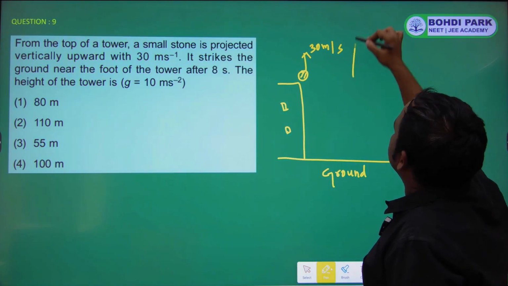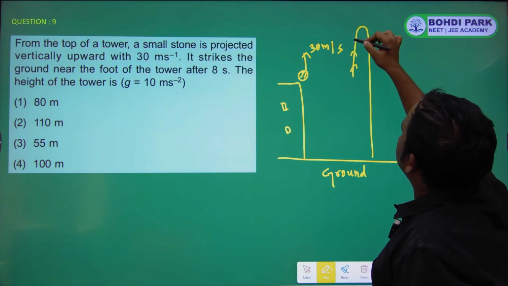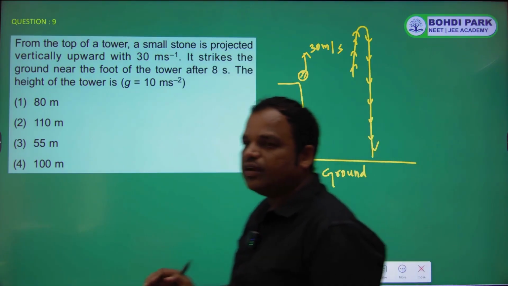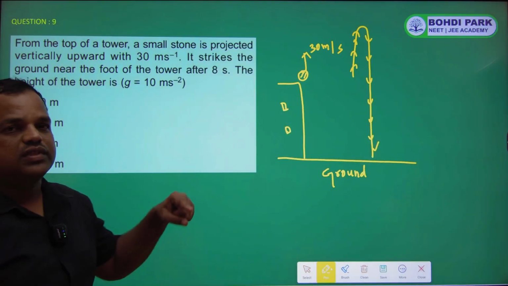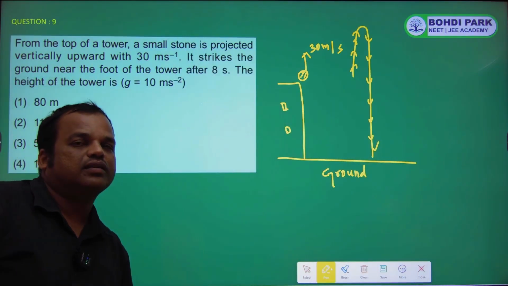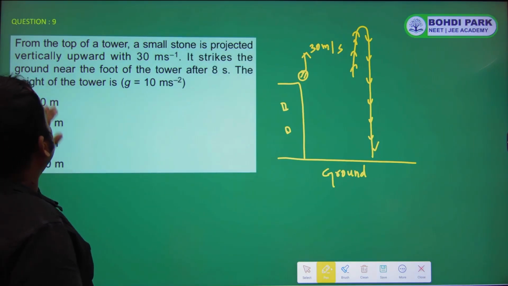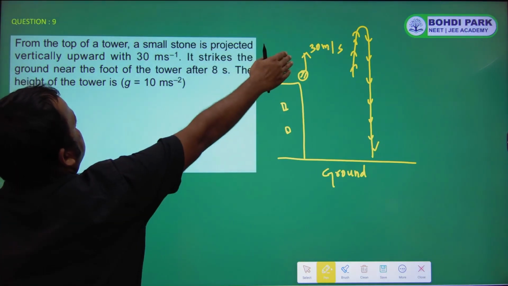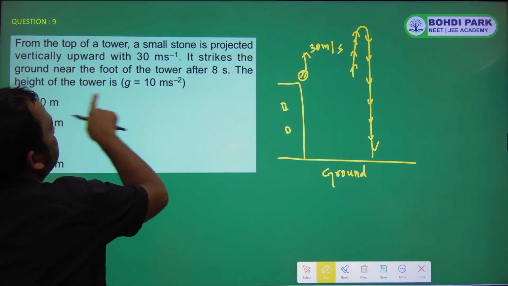So basically its motion will be like this. It is going up, then coming back along a straight line. Total time taken is 8 seconds, and initial velocity 30. So we have to find the height of the tower.